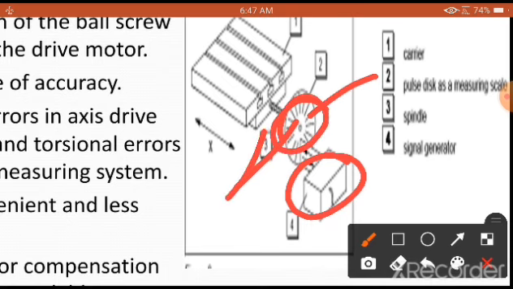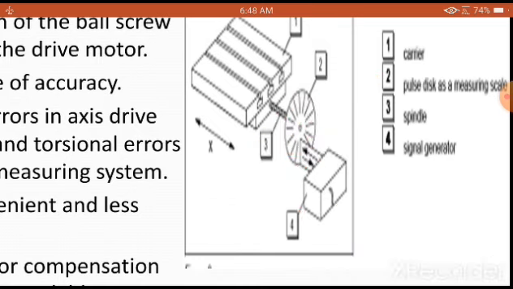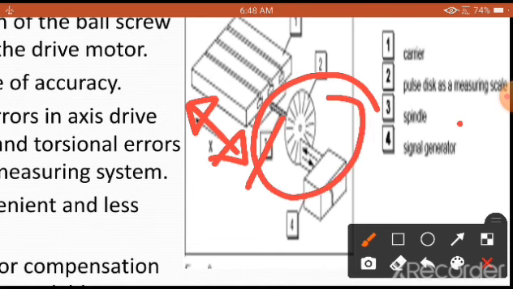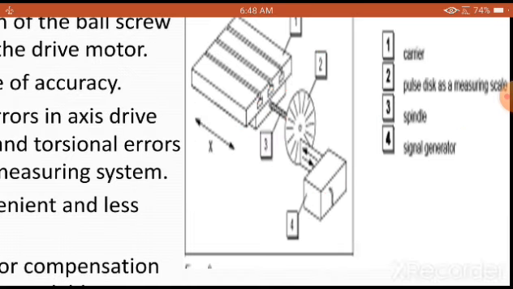As the encoder rotates according to the spindle or the ball screw, that is responsible for giving the movement in the x-axis. Similarly, the same process is followed in this direction for the y-axis also, which we have not shown for better understanding of the concept.